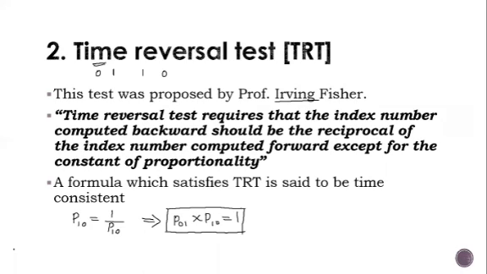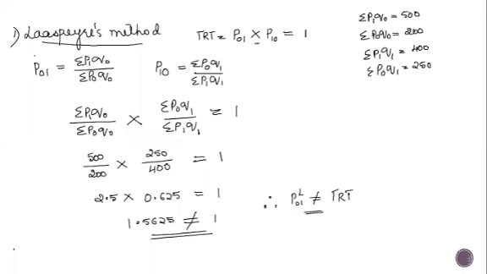The formula for TRT, that is the time reversal test, is the price of the base in the current year into the price of the current in the base year. The reverse of the previous should be equal to 1. That means it satisfies the test. In the last class, I explained the Laspeyres method and whether it satisfies or not.